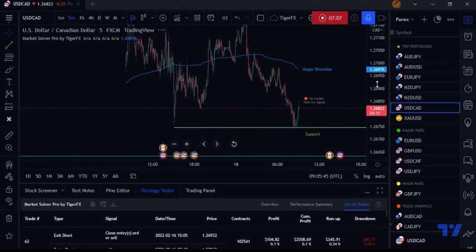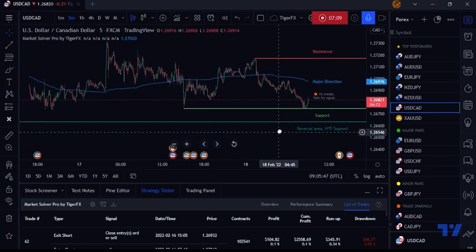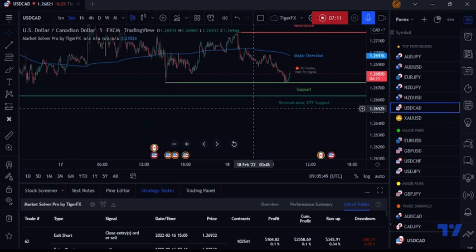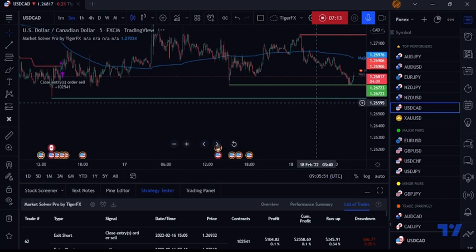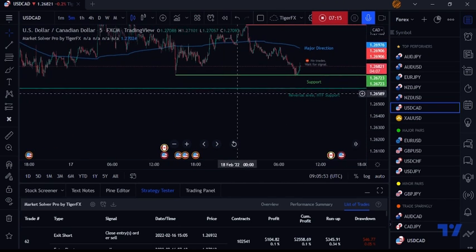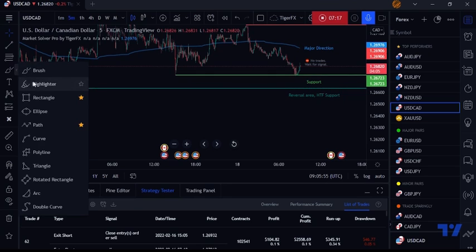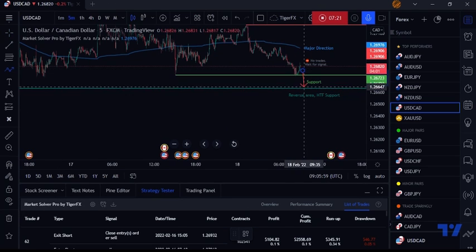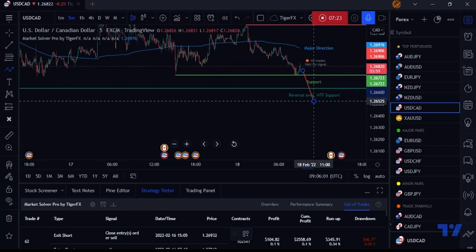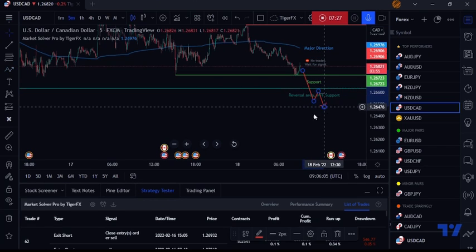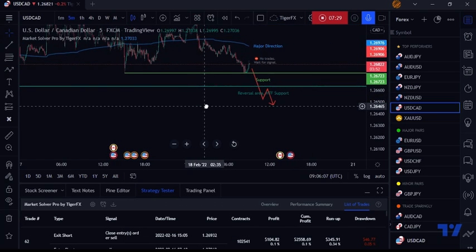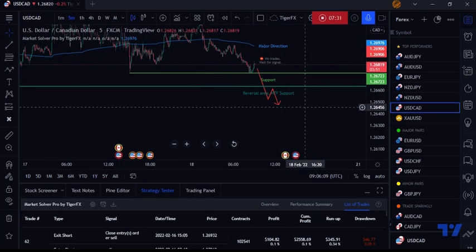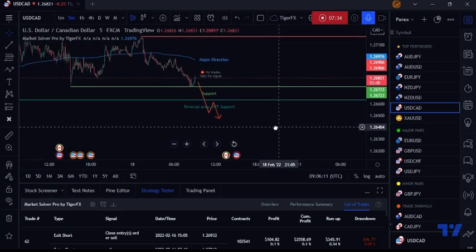Not much. So it's currently at support. If it breaks down here, then we'll probably wait for a retest. I would like it to move beyond this higher time frame support, form a retest, then maybe produce a signal somewhere here, right? And that's when I'd like to go short on this, just to be sure about it.